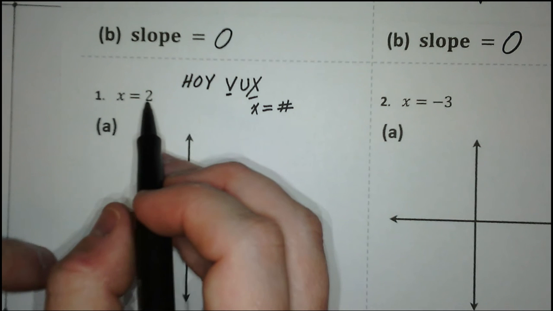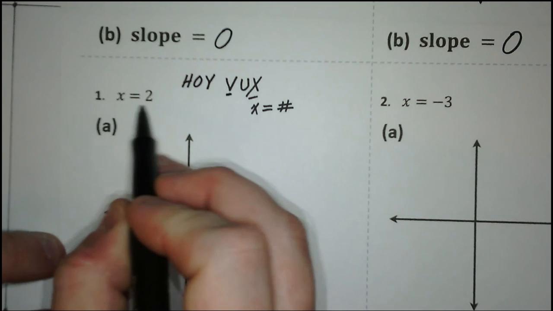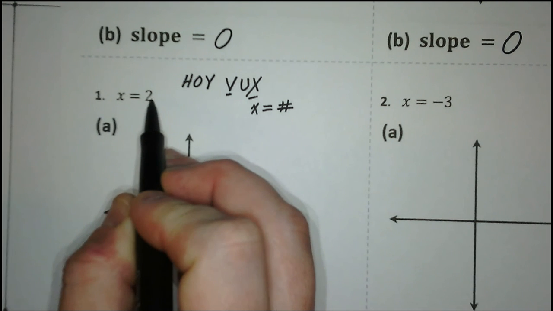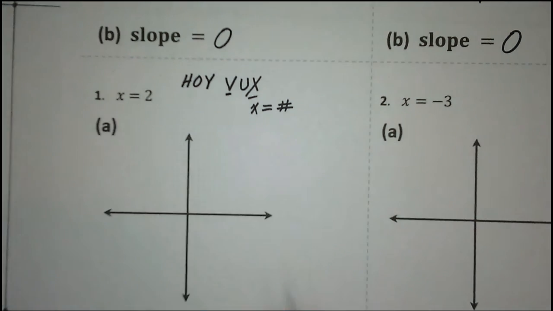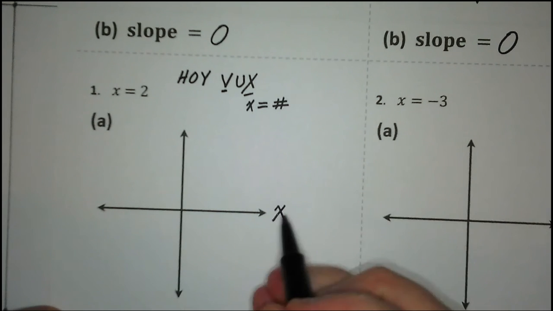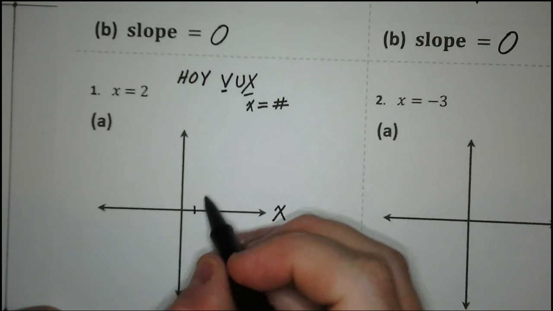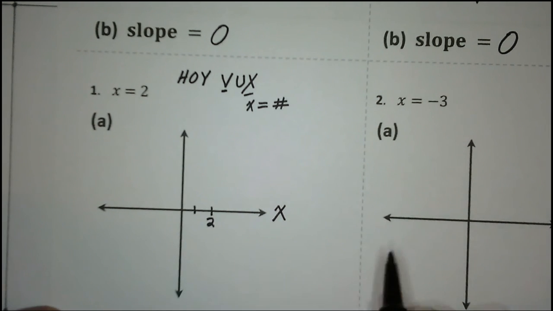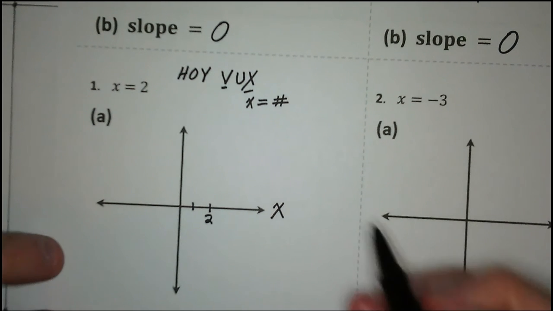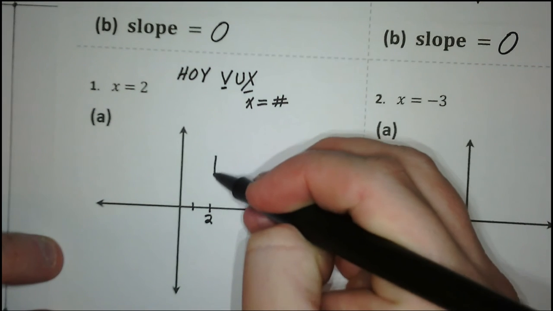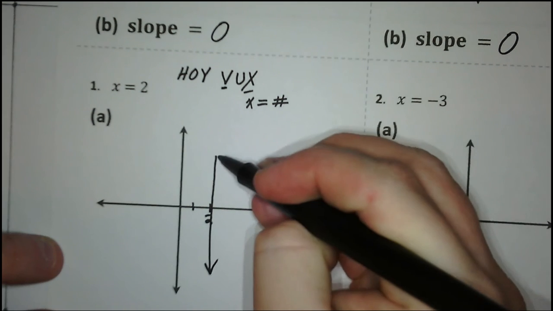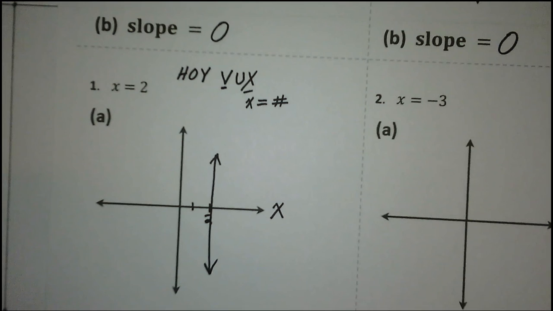Very similar to the first two problems we just did. All we do is we go to 2 on the x-axis. We literally just go to x equals 2, which we can just put wherever. Okay, and there it is, x equals 2. And we draw our vertical line as best we can. And that's it.